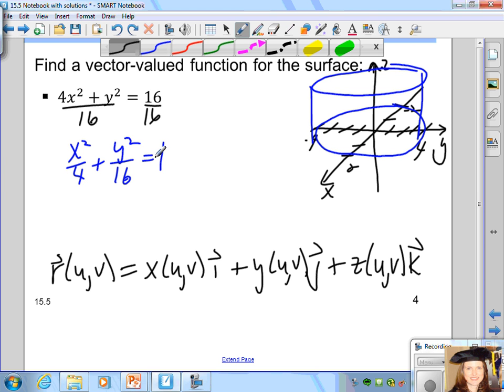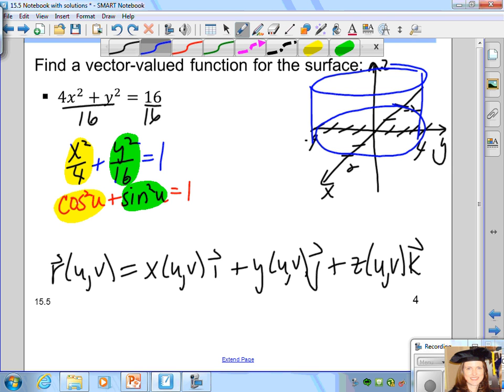One way to do a conversion here, especially with ellipses and circles, is by using the trig identity cosine squared u plus sine squared u is equal to 1. If we recognize that this is in the form of something squared plus something squared equals 1, then we can equate these. We can say x squared over 4 is equal to cosine squared u, and y squared over 16 is equal to sine squared u, and come up with the equations that way.